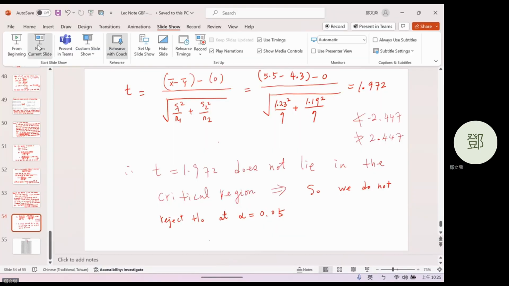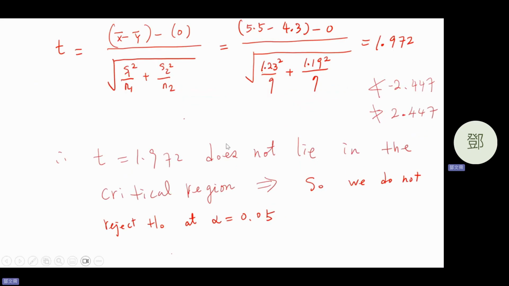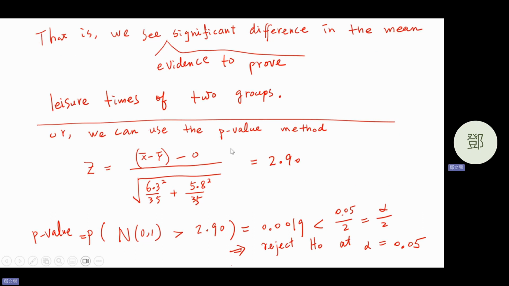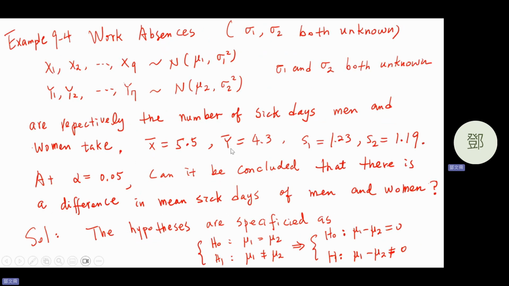So that's a continuation of the last week. Example 9-4. In this example, sigma 1 and sigma 2 are both unknown.